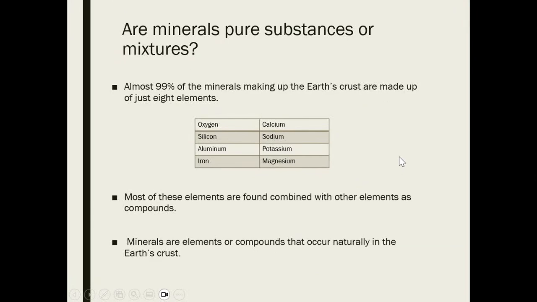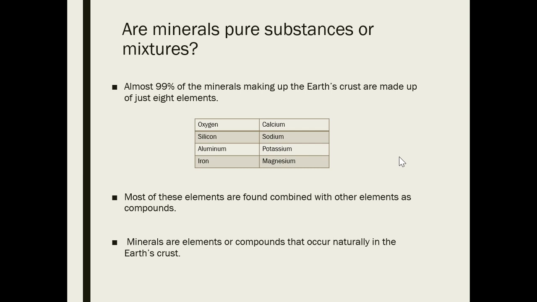So minerals, are they pure substances or mixtures? Well, let's just say minerals make up the Earth's crust. We talked about that in the last section. But these are always combined with some other element and are made as compounds. So we have these 8 most significant elements that are almost always combined into some sort of a compound.